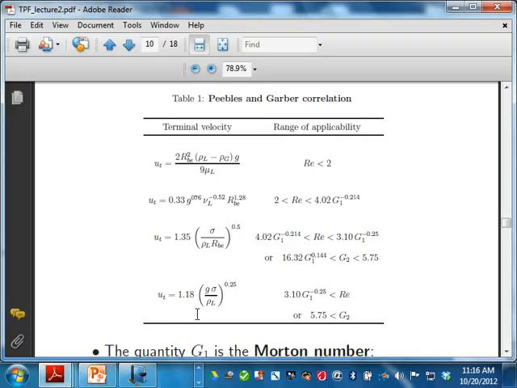So small bubbles, moderate size, and big bubbles. So here the estimate is UT is 1.18 times (g sigma over rho L) to the power of 0.25. So we need to use that one. Not bad, huh?